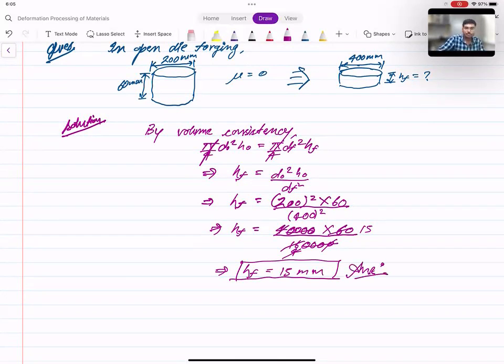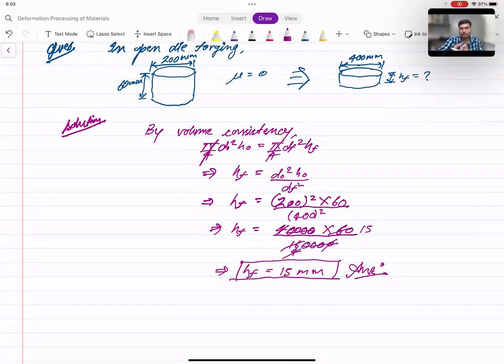This was a very quick numerical. Again, we had seen that when we raise the hammer, its potential energy gets increased. Later, when this hammer is dropped and it hits the workpiece, this potential energy gets converted into work which is utilized in the forming process or this forging operation.